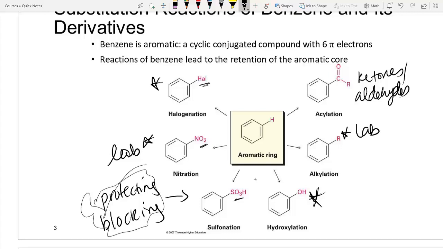We'll talk about how we can do a hydroxylation, and when I show you that one, that's not in the textbook, so you definitely want to write that down, because this is one that you're not going to find within the electrophilic aromatic substitution. You have to do something else to get the phenol. And then we have the alkylation, which adds alkyl groups, and then we have acylation to add acyl groups.